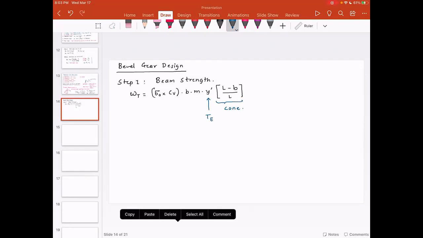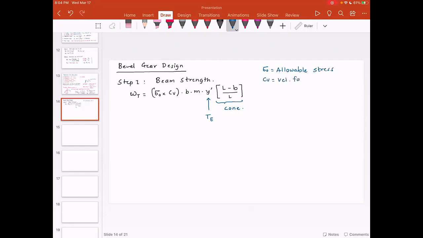Sigma O is allowable stress. CV is the velocity factor. B is the face width. M is the module. Y prime is the Lewis factor. And L is the slant height.